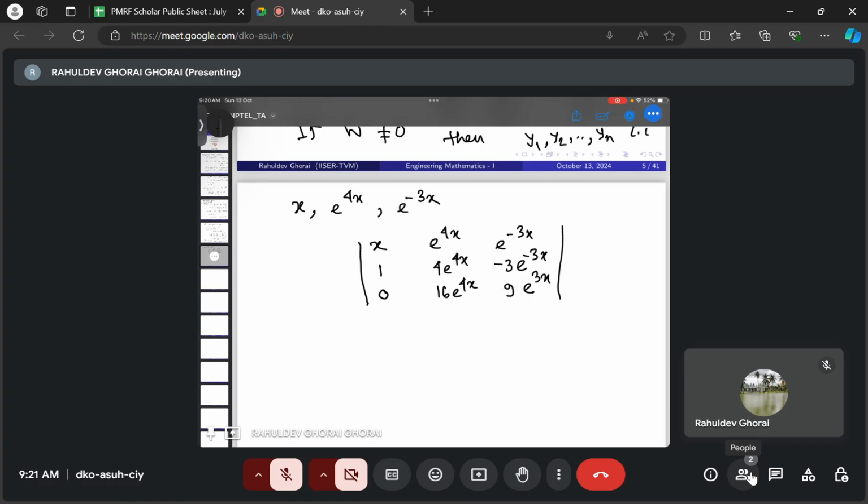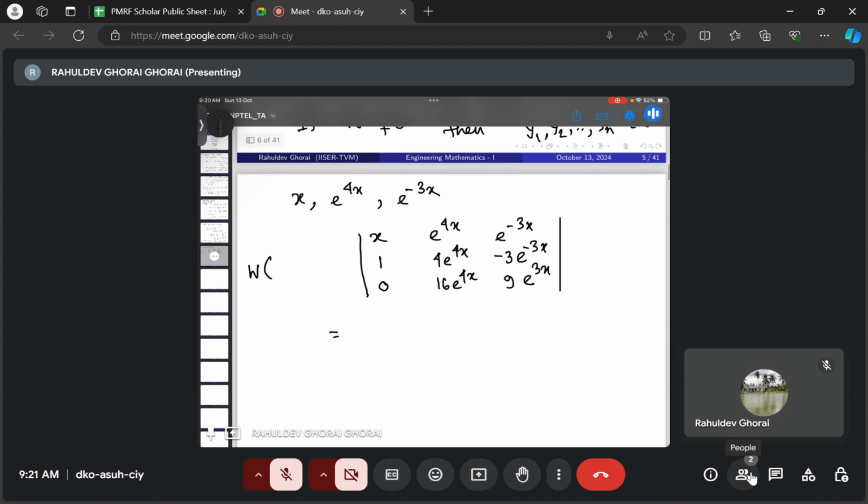That is nothing but the Wronskian of x, e to the power 4x, e to the power minus 3x.